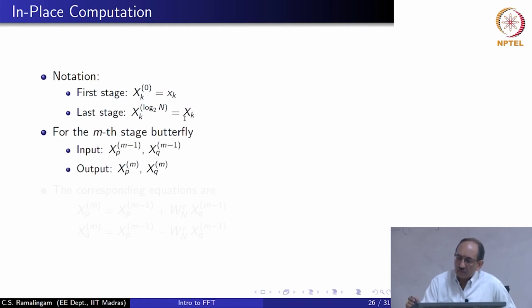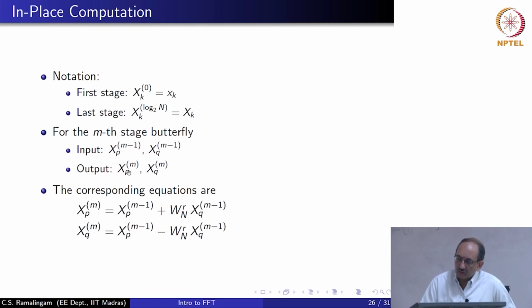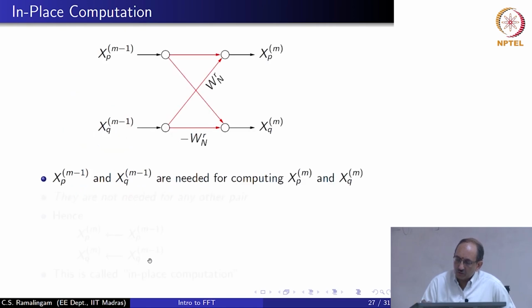And for the mth stage butterfly, you really only need these two as the input and these two as the output, and the corresponding equations are this. And what this tells you is, again, that those were the equations and this is the picture.